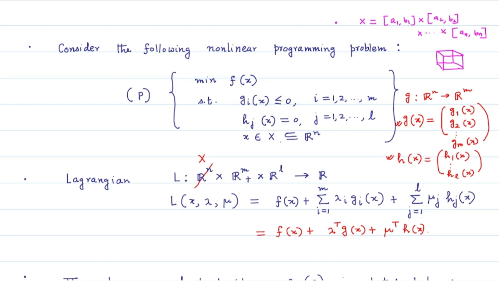Suppose we include in capital X the first restriction g1(x) less than or equal to 0, and suppose we also include some of the equality constraints.